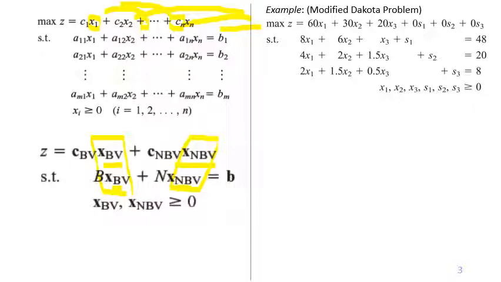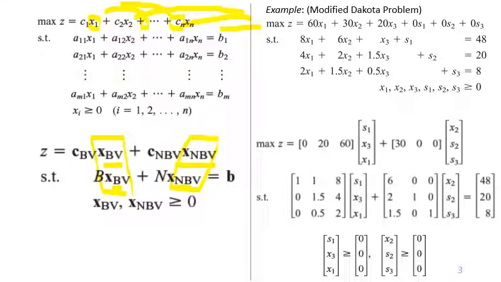So in the Dakota problem, that is our original problem. And then if we know that in the optimal table, these are the basic variables and these are the non-basic variables, we may just regroup them. Okay, so this is the group of basic variables, this is the group of non-basic variables.